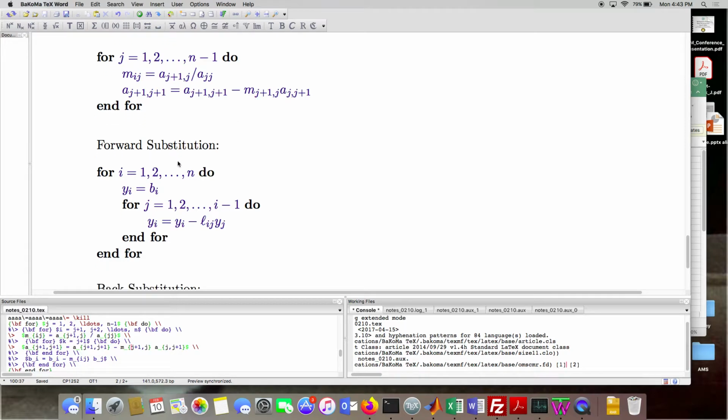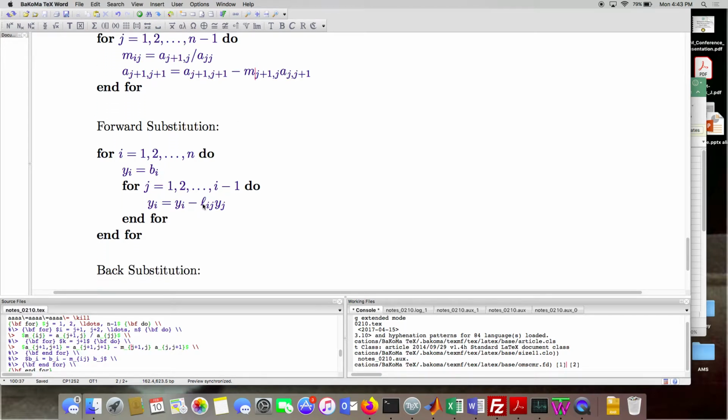Now, forward substitution is the same idea: here the row and column indices can only differ by at most 1. j is going from 1 up to I minus 1, but j can only be equal to I minus 1 to actually do anything, because otherwise the row and column indices would differ by more than 1, and therefore Lij would be 0. So I'm going to set j equal to I minus 1 in here.